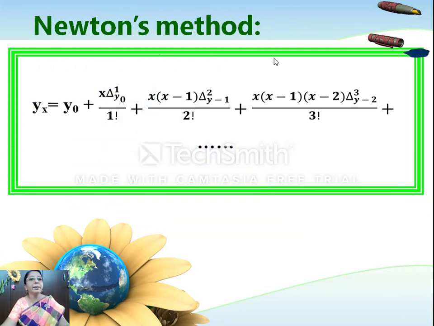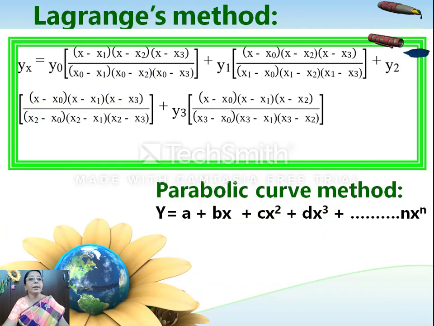Now Newton's method is given by this formula: y0 plus x delta 1 by 1 factorial plus x into x minus 1 delta 2 by 2 factorial plus x into x minus 1 into x minus 2 delta 3 by 3 factorial and so on. Going to Lagrange's method, it is given by this formula: y0. Since you start with y0, you do not have x0 in the numerator.